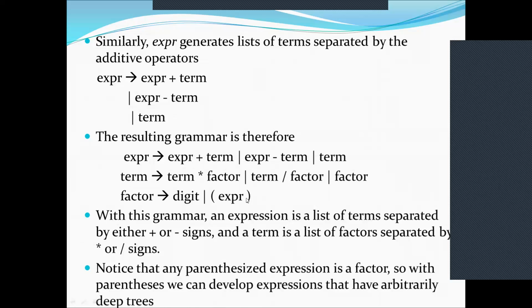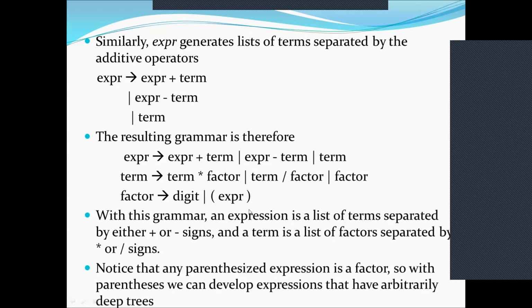With this grammar, an expression is a list of terms separated by either a plus or minus sign, and a term is a list of factors separated by a cross or a division sign. Notice that any parenthesized expression is a factor. So with parentheses, we can develop expressions that have arbitrarily deep nesting.